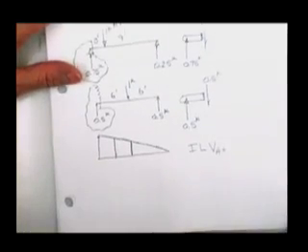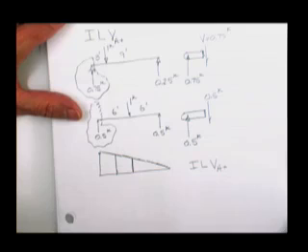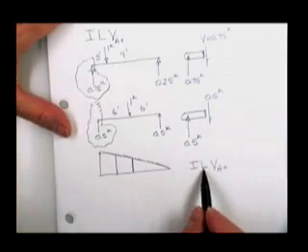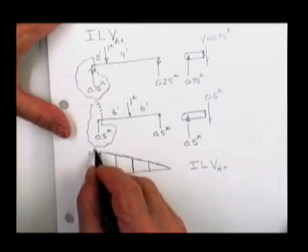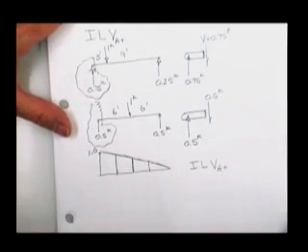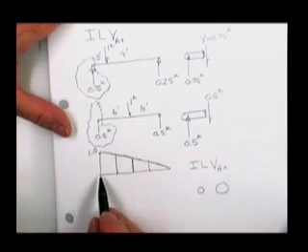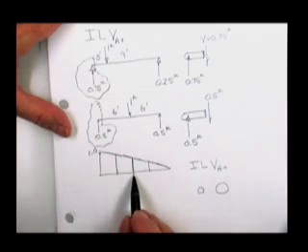Because the reaction at A, whatever the reaction at A is, that's what's causing the shear just to the right at A. And therefore, it's going to look exactly like the influence line for the reaction at A. There's your influence line for the shear at A. Again, if you got a truck with a big wheel and a little wheel, you should turn that truck around, should put the big wheel where the big value is, and you ought to put the little wheel wherever it comes out.